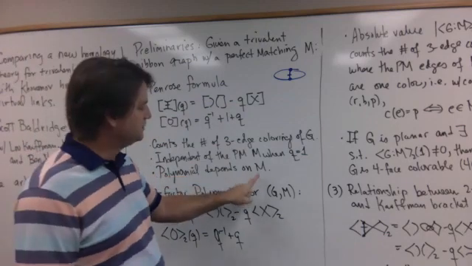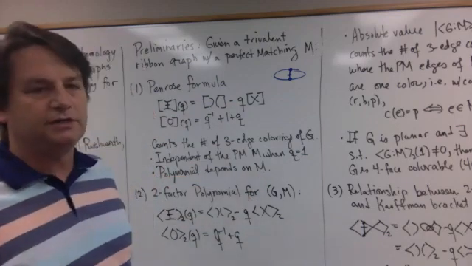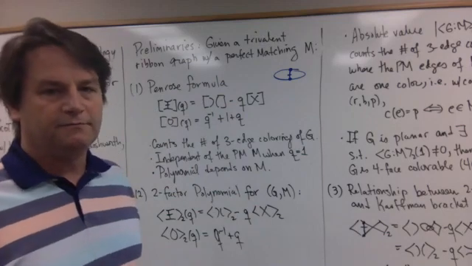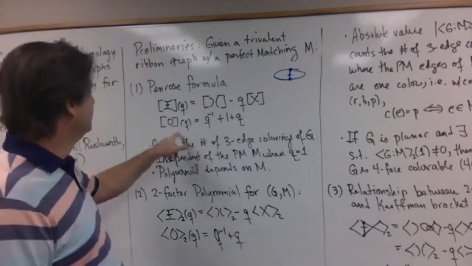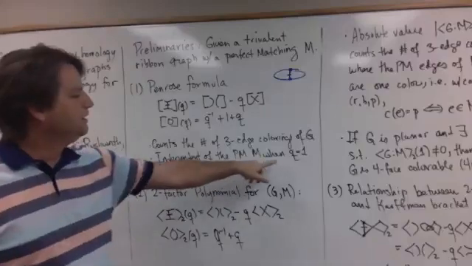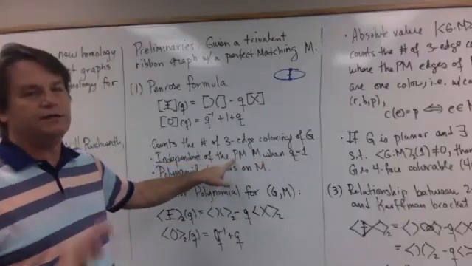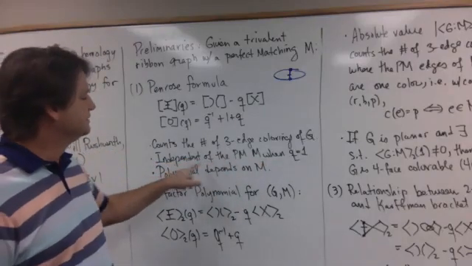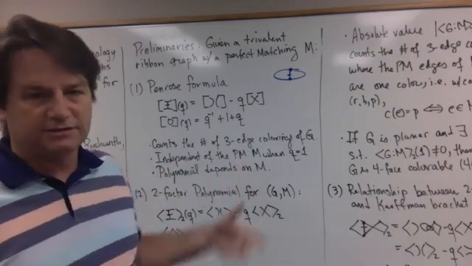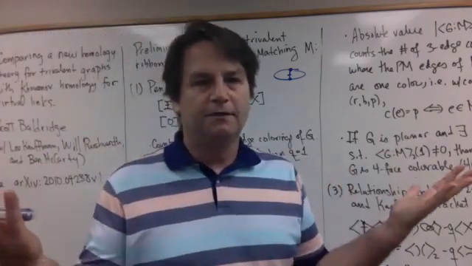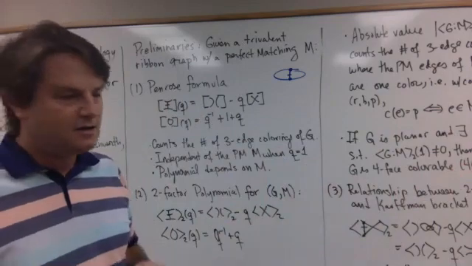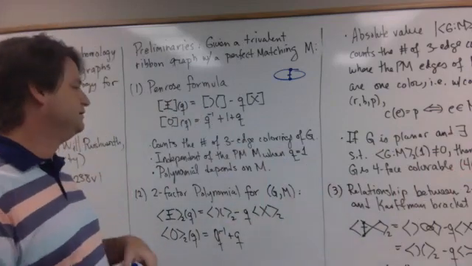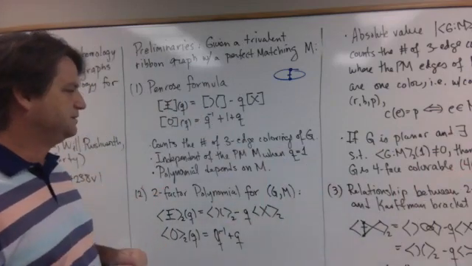So for every perfect matching, you'll get a different Penrose polynomial. But if you plug in q equal to 1 for any one perfect matching, you'll get the same number of 3-edge colorings, because that's an invariant of the graph itself. Once you're counting the total number of 3-edge colorings, it doesn't really matter.